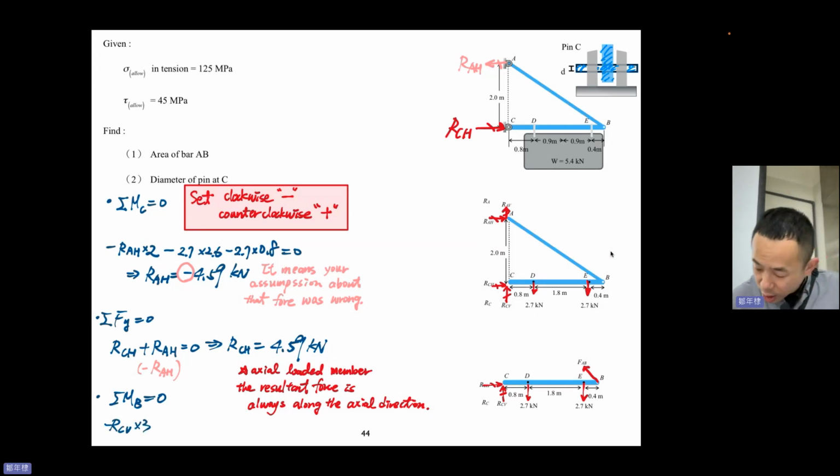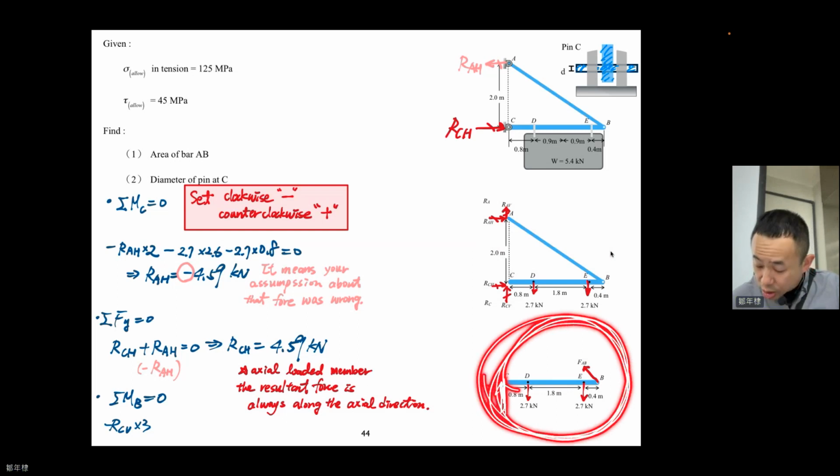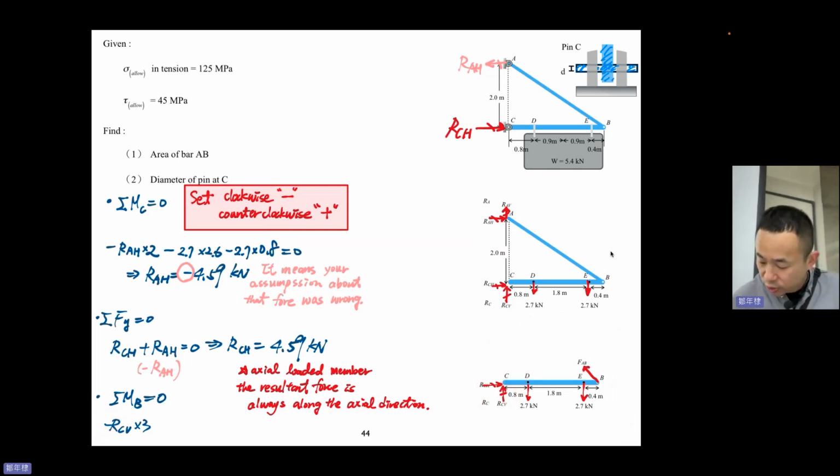RCV times 3. Why negative? RCV is here, right? And it rotates about B clockwise, so it's negative. Times 3, of course, 3 is the length, 0.8 plus 0.4 plus 1.8. And plus 2.7 times 2.2. Why? Because 0.4 plus 1.8 is 2.2.